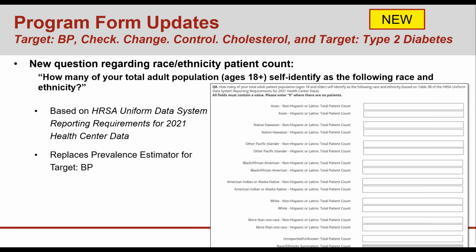The table follows the UDS reporting requirements for 2021 health centers. If you've previously submitted data with us and this feels somewhat familiar to you, then it's probably because it replaces the prevalence estimator on Target BP, which had similar fields, but also requested a breakdown of sex and age. By updating this to the UDS table, we are moving away from over 40 fields that need to be completed to just the 16 shown here.